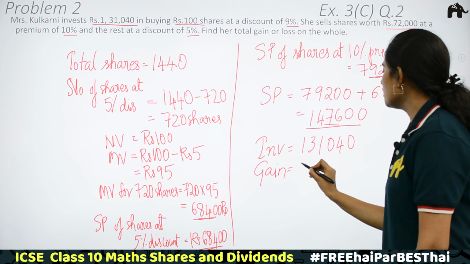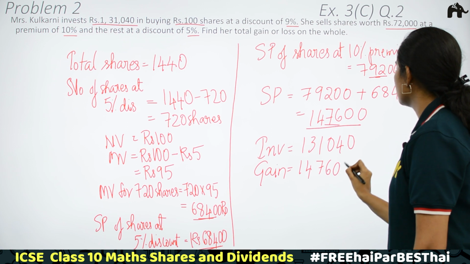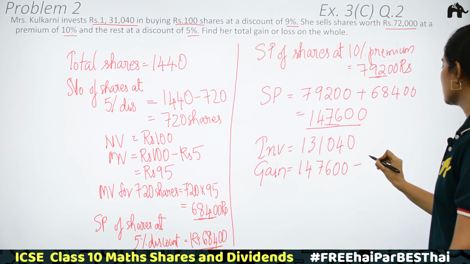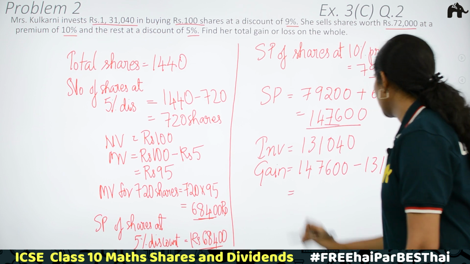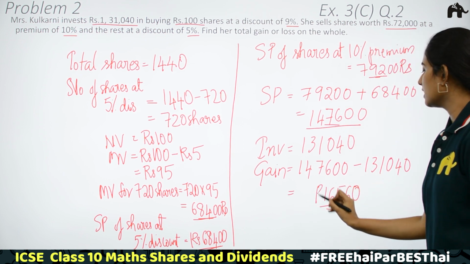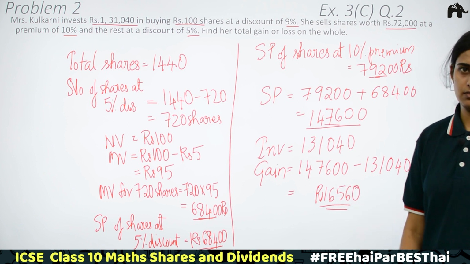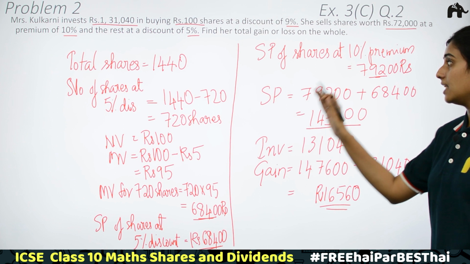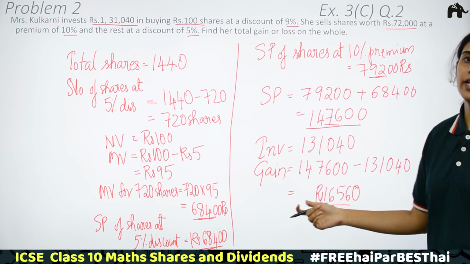Gain is equal to selling price, that is 1,47,600, minus investment, that is 1,31,040. On subtracting this, we will be getting rupees 16,560. Clear? Yes? This is a lengthy problem. So, practice this properly. Only then you will be able to solve.